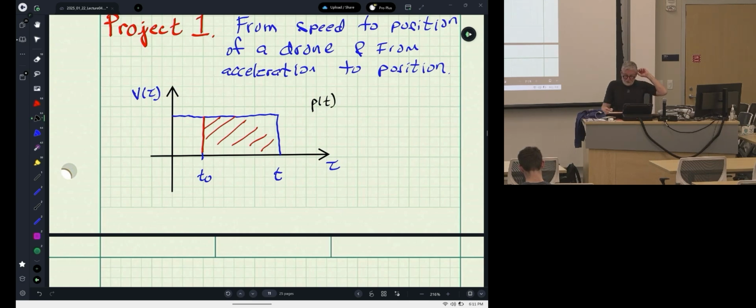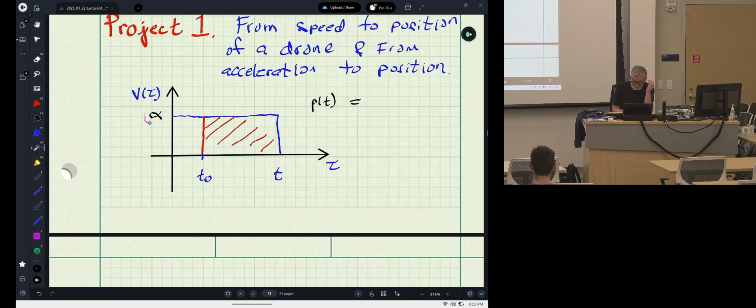So if we were to take t0 equals 0, and if this speed is alpha and it's constant, and you're going from t0 equals 0 to t, what is the position of the object? So my duration of time is little t.